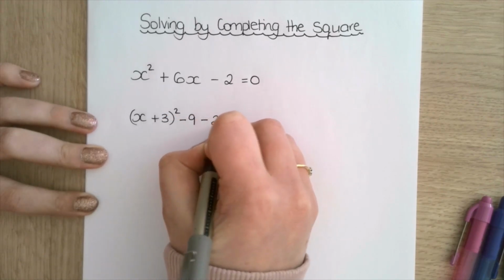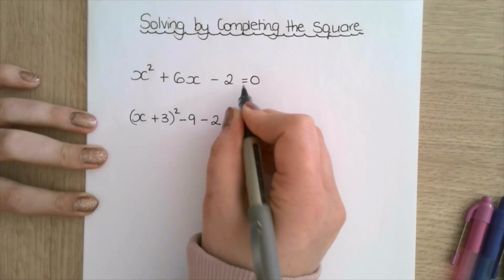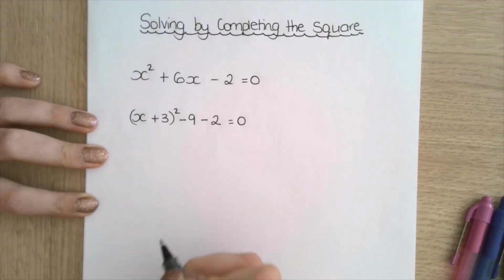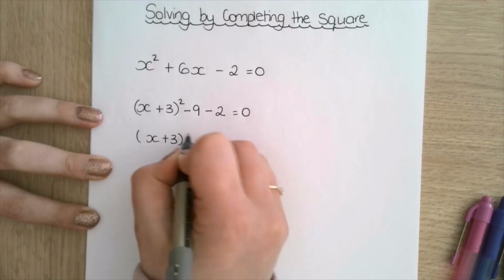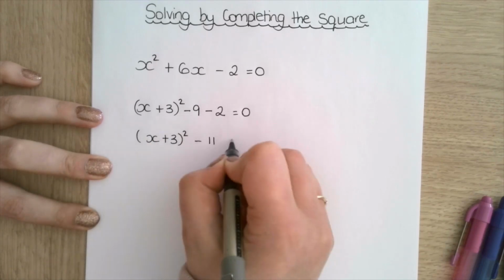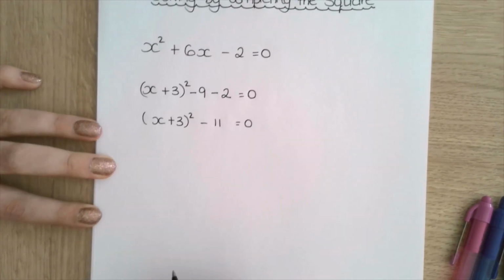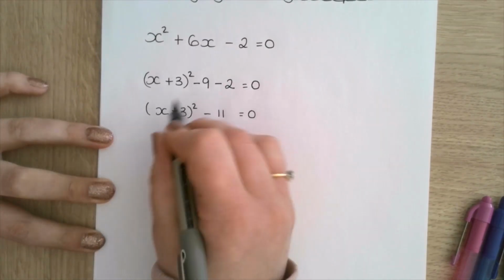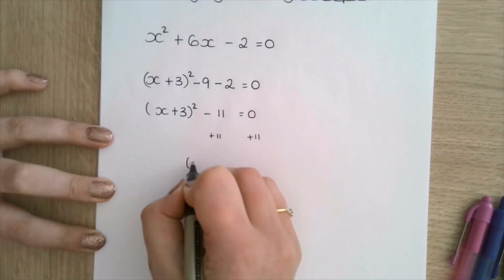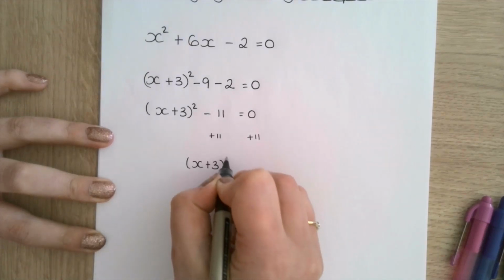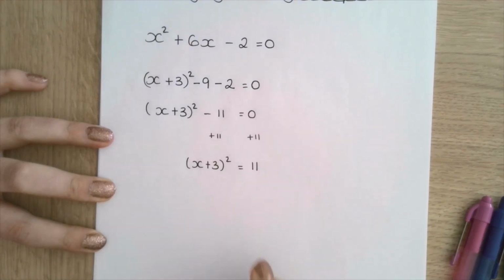Take away 2, because that's the 2 that's there, and we know that is equal to 0. So I'm just going to tidy this up. x plus 3 all squared minus 11 is equal to 0. Now to solve it, I'm going to add 11 to both sides. So I get x plus 3 all squared is equal to 11.